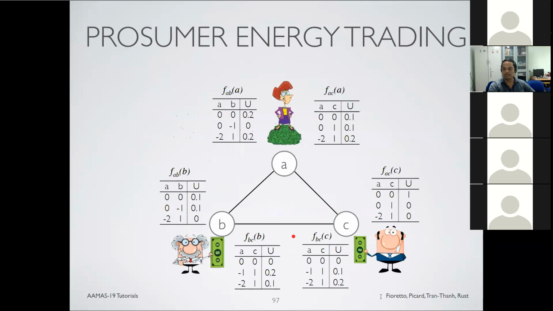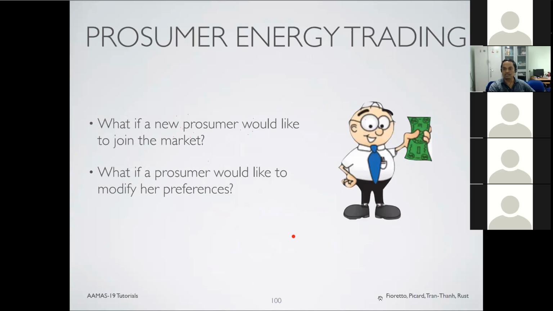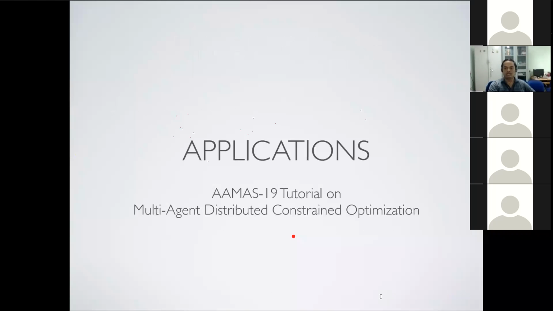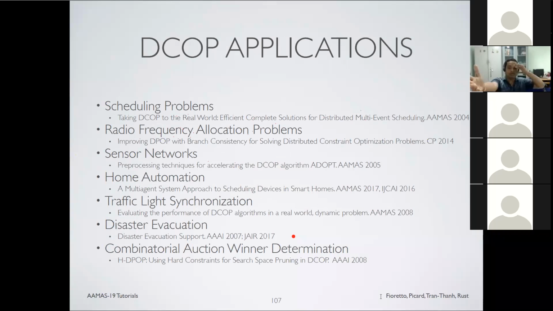There are some more applications of the DCOP problem. Scheduling problems: one of my PhD students, who completed her PhD in 2018, used DCOP algorithms for railway network scheduling and disaster management.